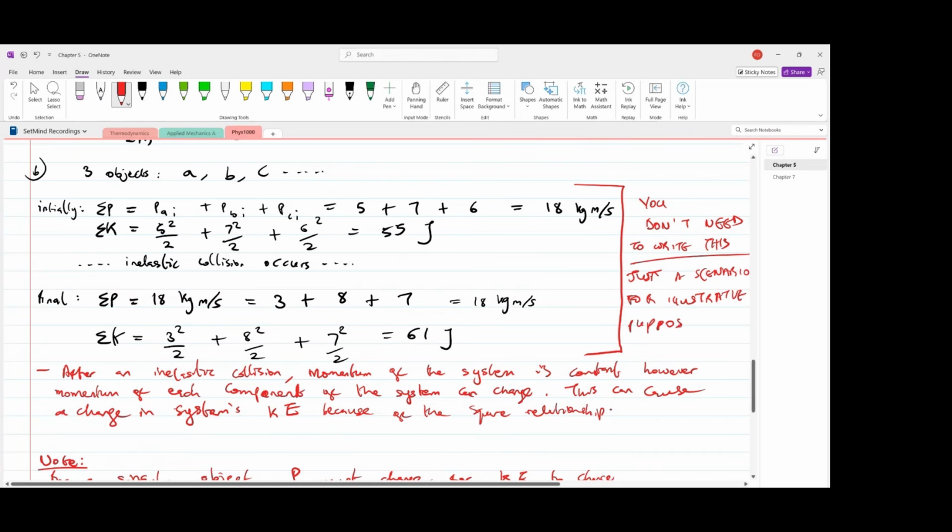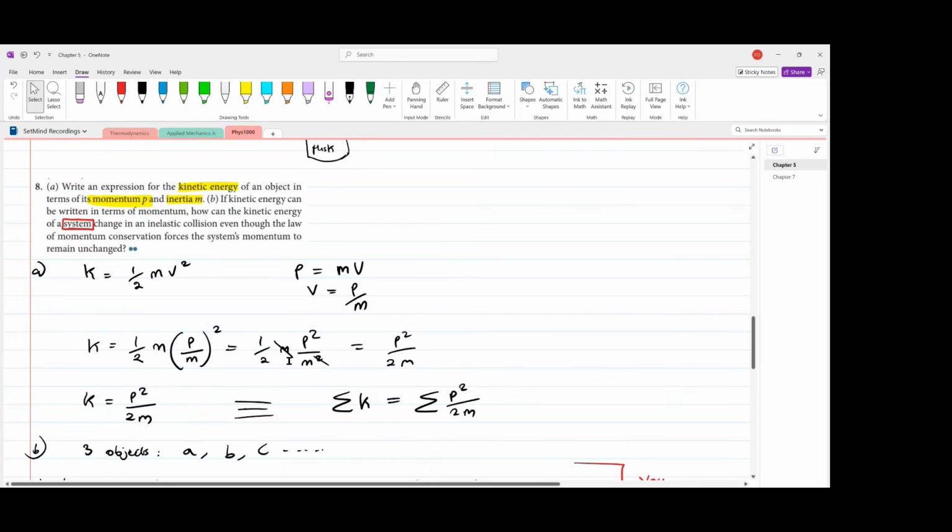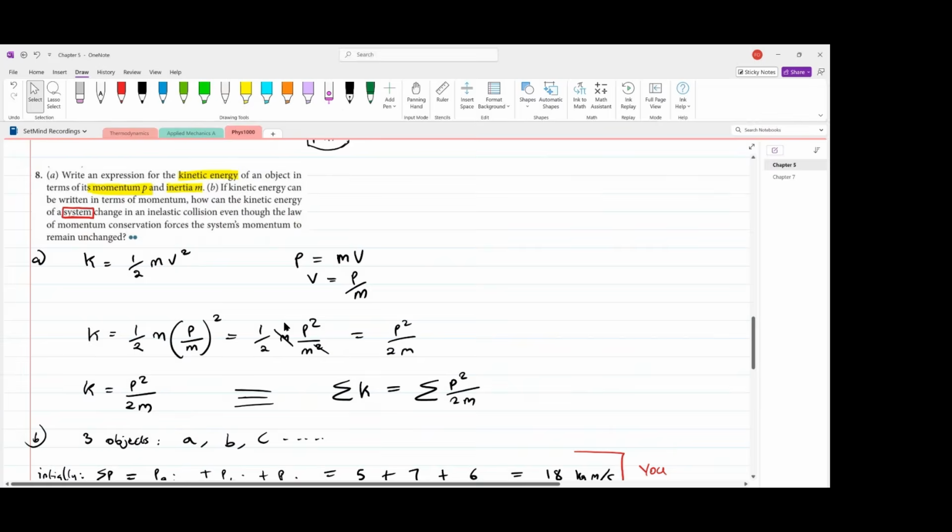Okay, so I hope this question has been useful, right? It is absolutely important that you understand how in a system the fundamental quantity does not change, but it is possible for the way it is distributed to change. So yeah, that is it for that question.